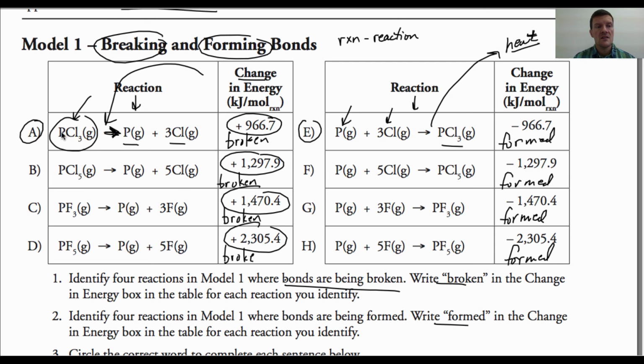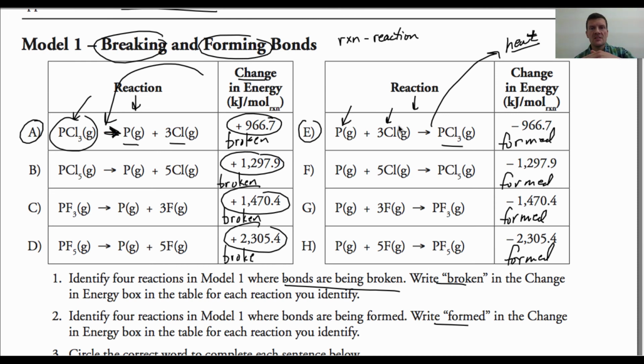This is phosphorus trichloride breaking apart, decomposing into just phosphorus and 3 chloride atoms, or 3 moles if you want. And here we've got phosphorus and 3 chlorine atoms synthesizing, combining into phosphorus trichloride. So these are just opposites of each other.